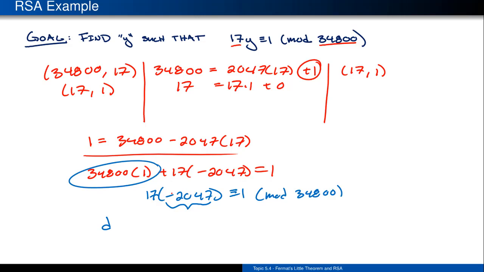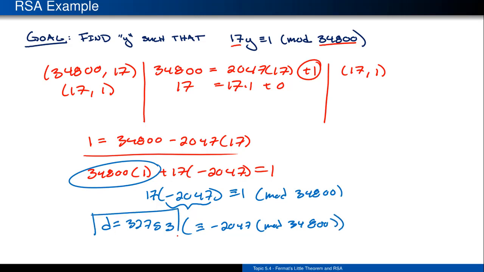That gives me something positive, and it's going to become my exponent. So my d is going to be 32,753, which you can see is congruent to negative 2,047 modulo 34,800. I'm free to choose any d that satisfies that, so I'm just going to choose the first positive one.